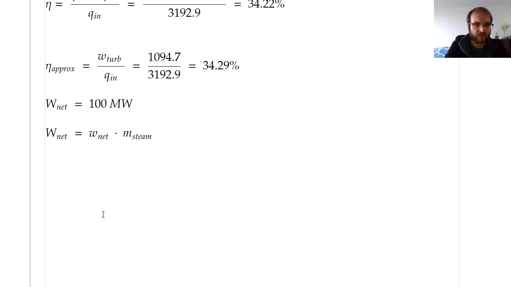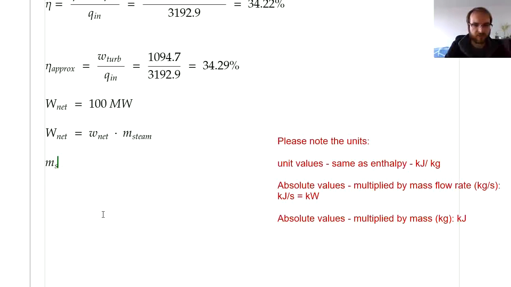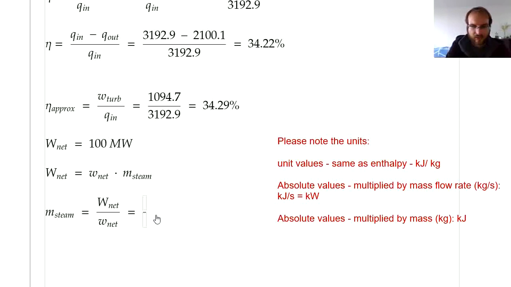So from that we get that the mass flow rate of the steam is the ratio of the absolute net work output divided by the unit net work output.